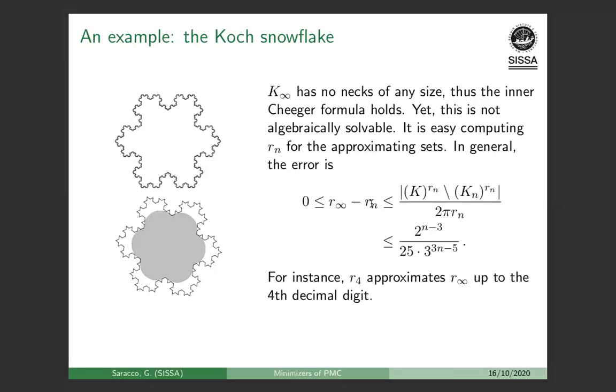So the previous theorem tells us that we can approximate the constant of the snowflake with the constant of this guy, and in doing so, we make some error, which is controlled from above by this quantity.